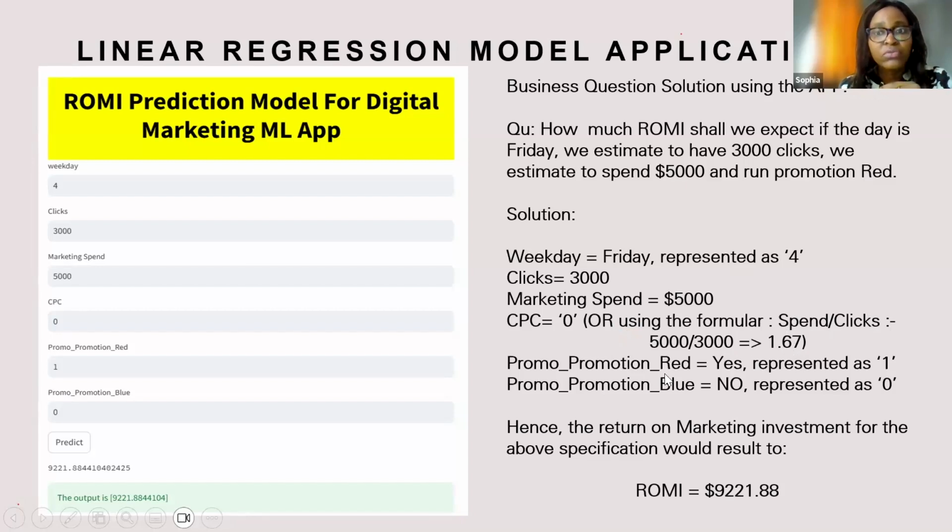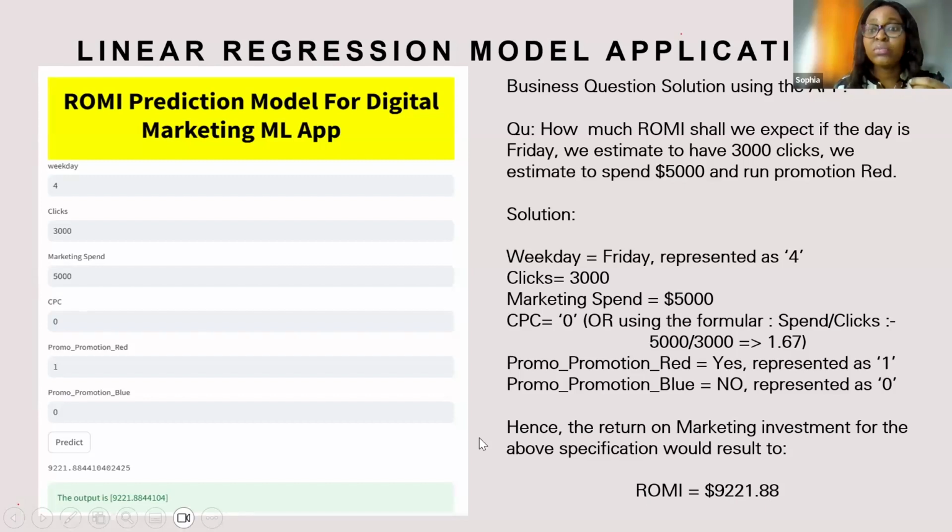And then you've got promotion red, which is yes, meaning you're working on promotion red. Assuming it's run on promotion red, it's a yes, which is 1, and promotion blue is no, which is a 0. So the return on marketing investment using the above specification is $9,221 or pounds.